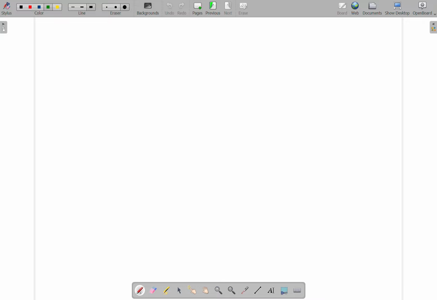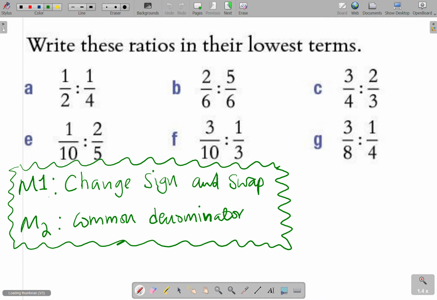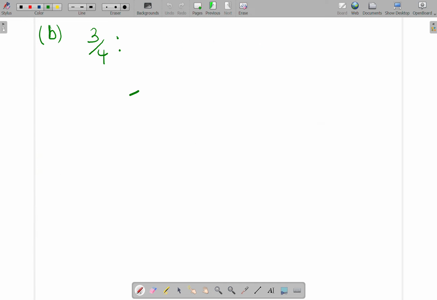So 3 over 4 to 2 over 3. Really this one is the same as when we use change sign and swap.